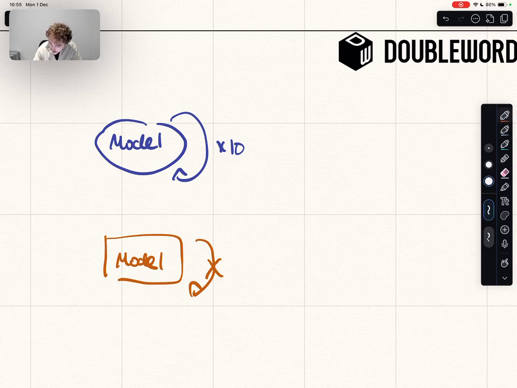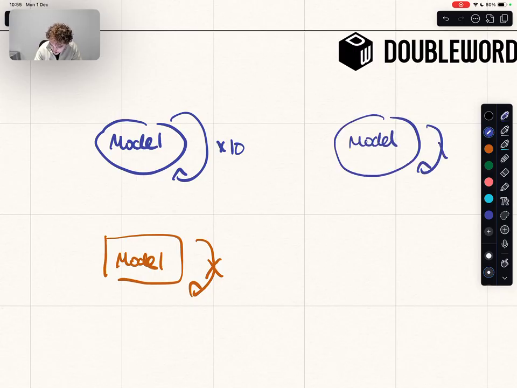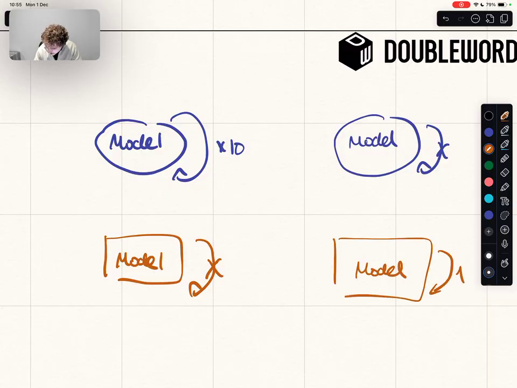And then during the big model's decoding, the small model has to wait. It doesn't do anything, while the big model does its singular pass to speculatively decode off of those.